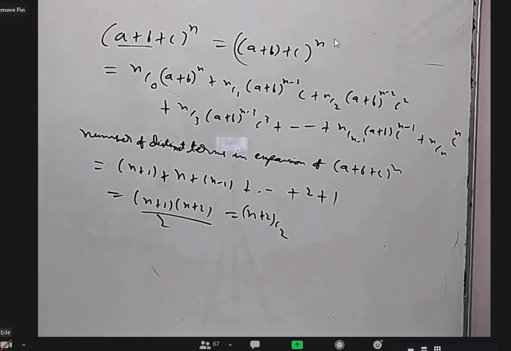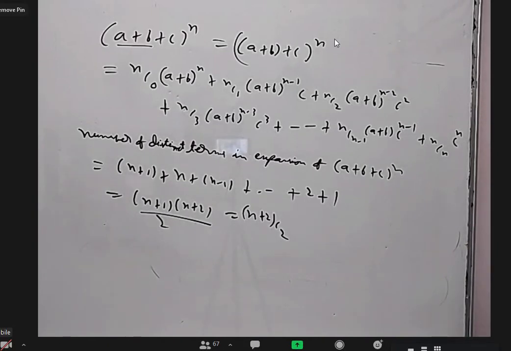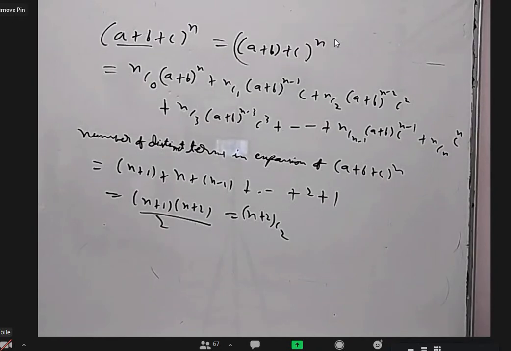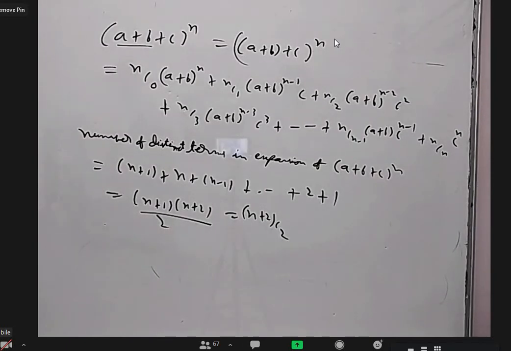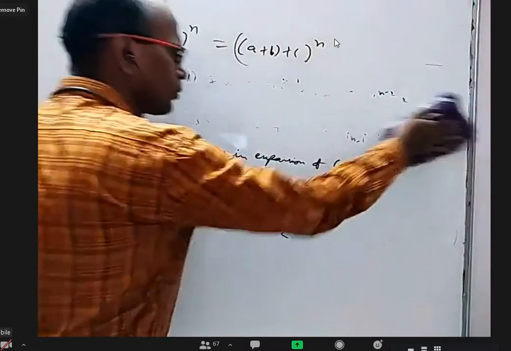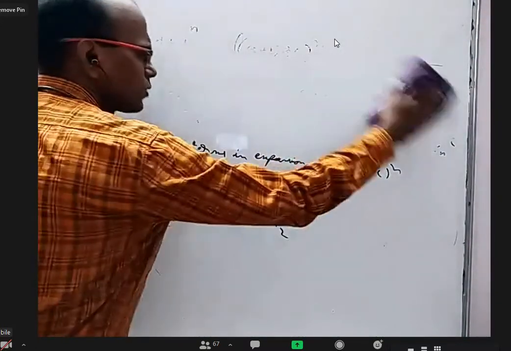I don't have to explicitly tell you that in the binomial theorem, when the power is n, the number of terms is n plus 1. That is already known. Why do you have to say the word distinct terms?